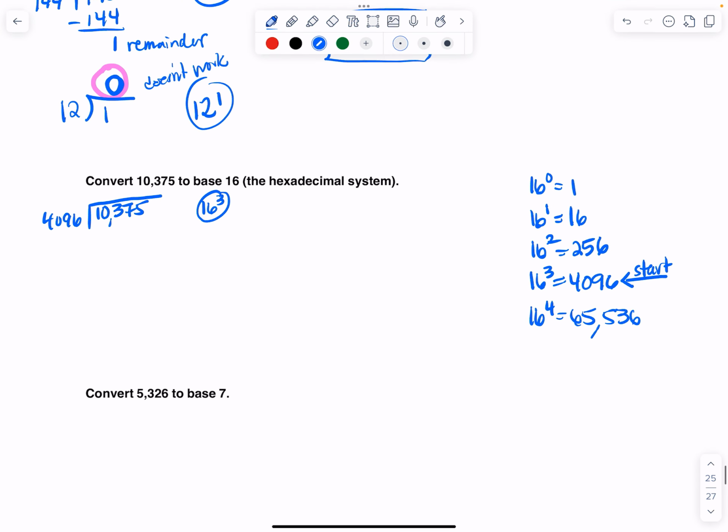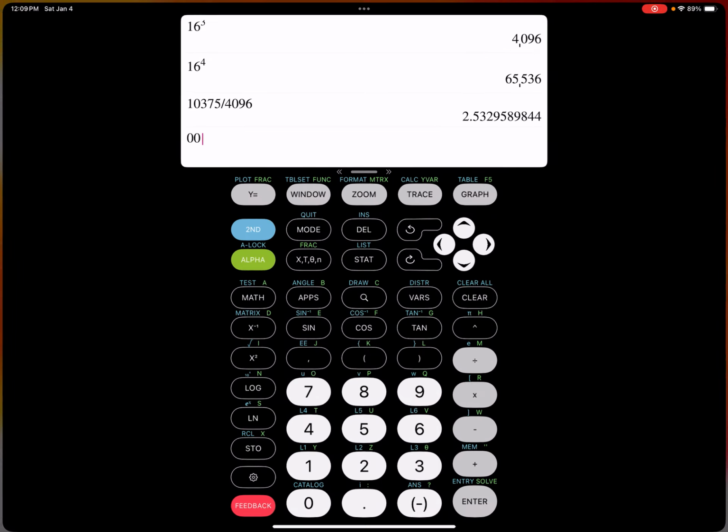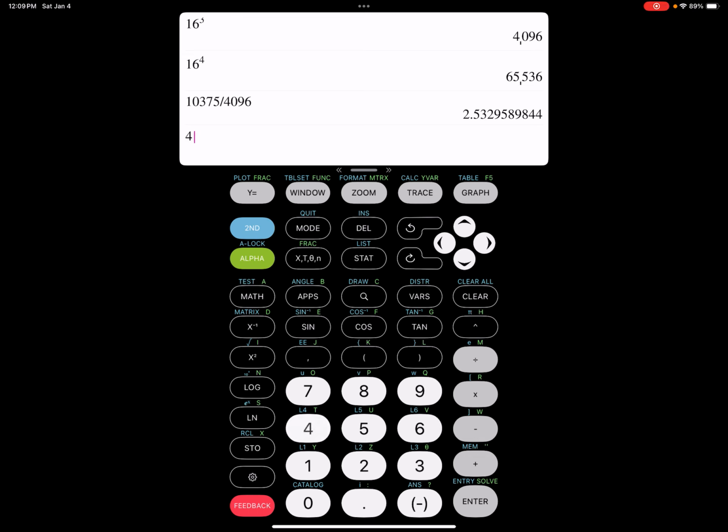That goes into it twice. Okay, so that's my first digit, a 2. So circle it. So now I'm going to take 4096 and multiply that by 2 because I'm trying to do the long division. So 4096 times 2 equals 8,192.